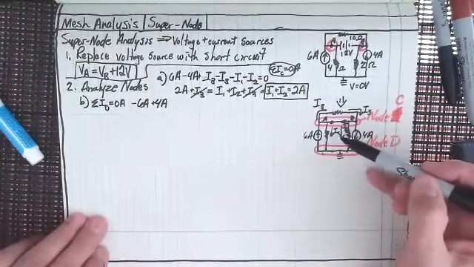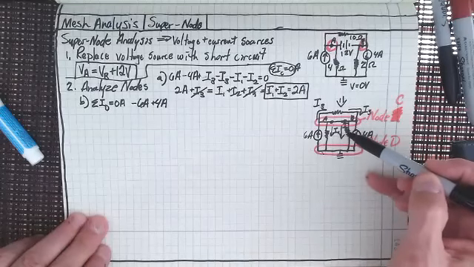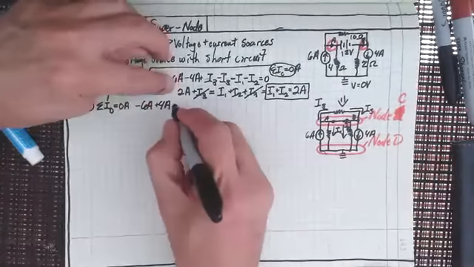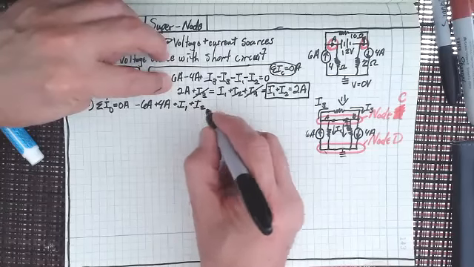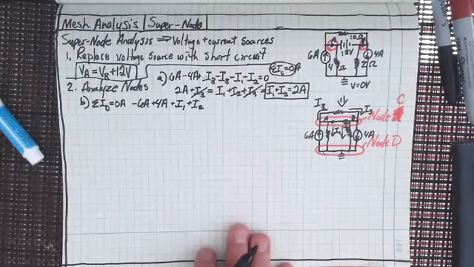And then I also have the current I1 and current I2 that are flowing into that node. So I'm going to say plus I1 plus I2, right?